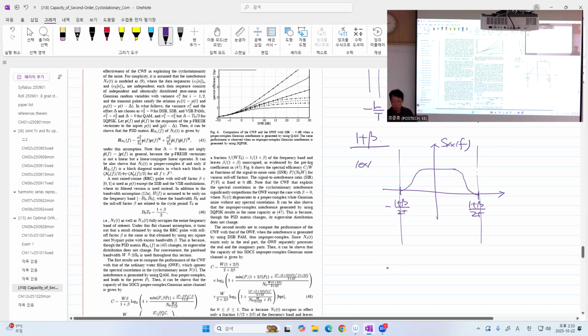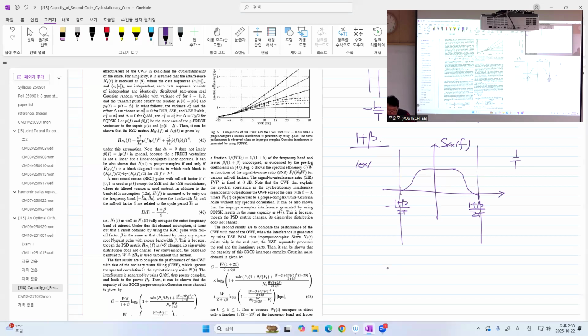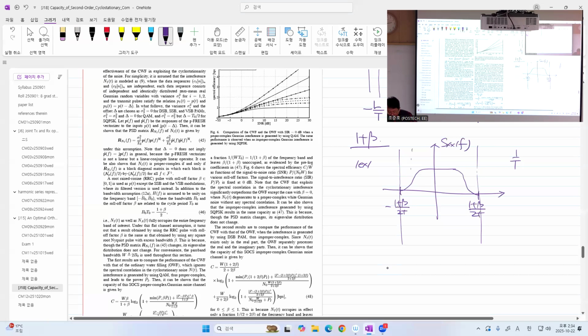And we use 1 over T as our cycle frequency, or inverse of the cycle period. Then let's first find the center Nyquist zone. Here we have the Nyquist zone that ranges from negative 1 over 2T to positive 1 over 2T. So this is the Nyquist zone.